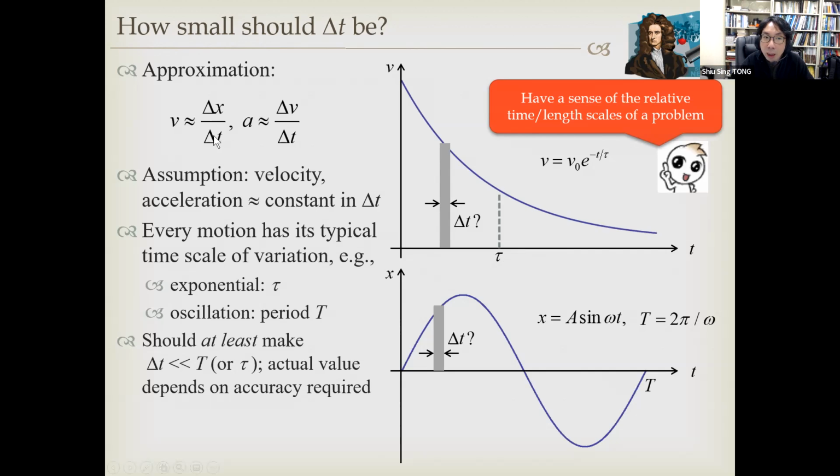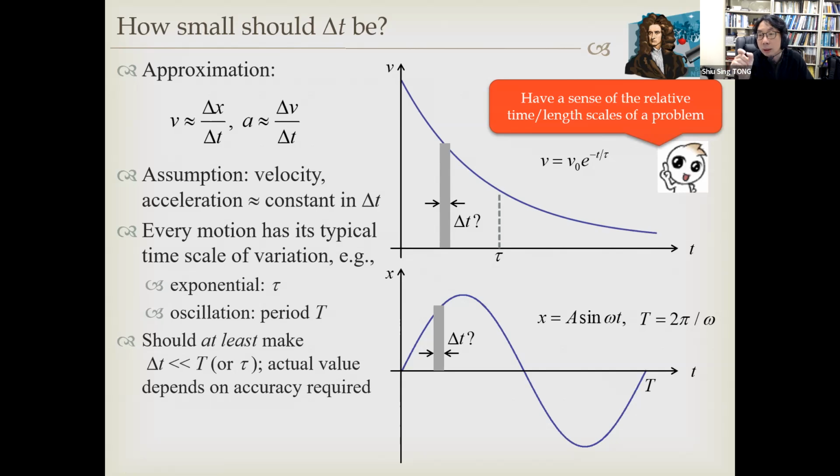Now, when you're using this approximation for V and A, we need to find a time interval such that the change in the velocity and the acceleration is negligible. So the delta t that I choose for the numerical calculation should be much smaller than the timescale tau. The timescale tau is the time for the substantial decay to happen.